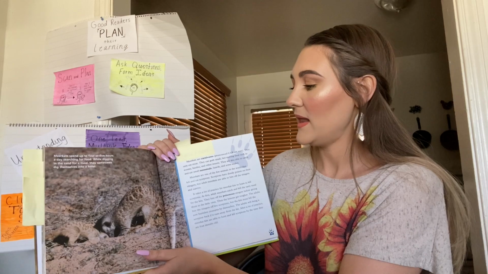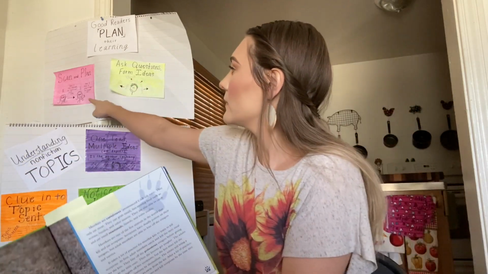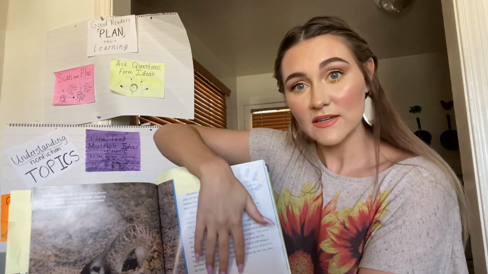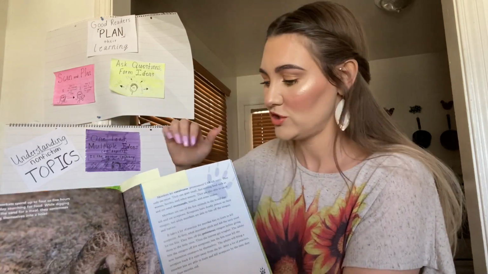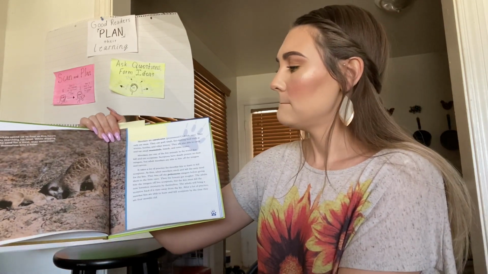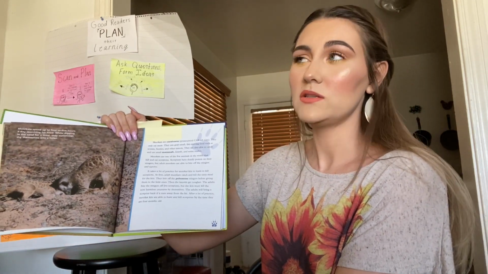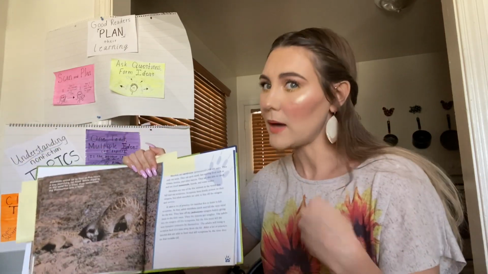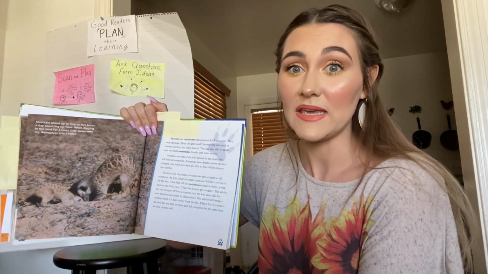Alrighty, so, friends, you probably remember, in my plan I want to read the text first and then go for the text features. So that's what we'll do. Here we go. So friends, as you listen, I want you to notice if you hear any words that keep coming up over and over and over that are repeating themselves.